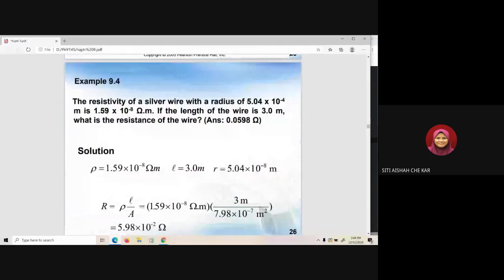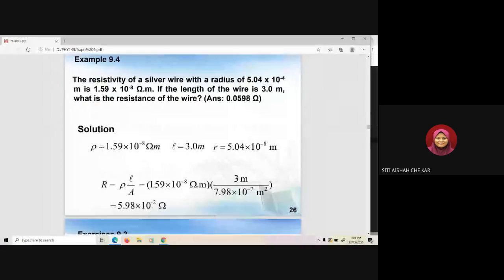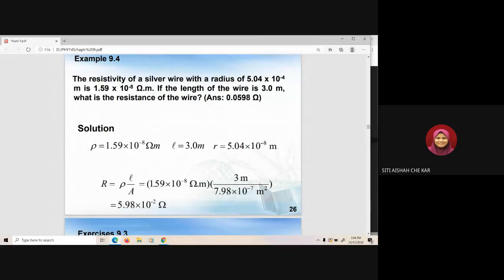Okay, ini example how to calculate the resistivity. The resistivity of silver wire with a radius, ini R, is, okay, ini adalah resistivity. Okay, ini adalah L. So, what is the resistance of the wire? So, kita ingat tadi, formula dia tadi, rho equals RA over L. So yang ni given, yang ni given.